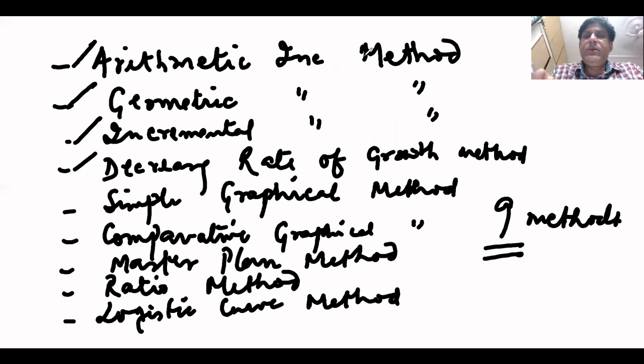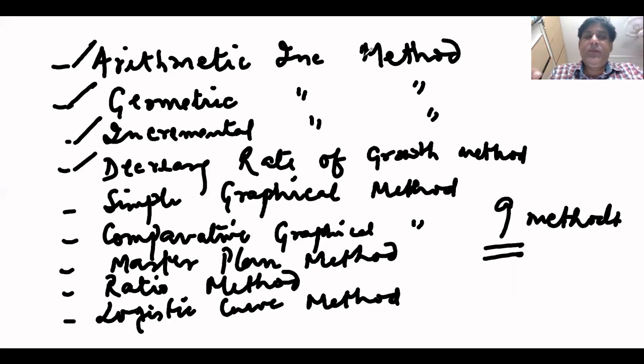Arithmetic increase, if I remember, the population was 52500, geometric was more, 5400 something, then incremental increase was 53167 something, and decreasing rate was 52570. It clearly states the approach of the logistic curve method.